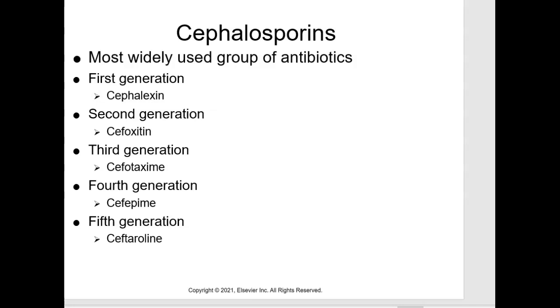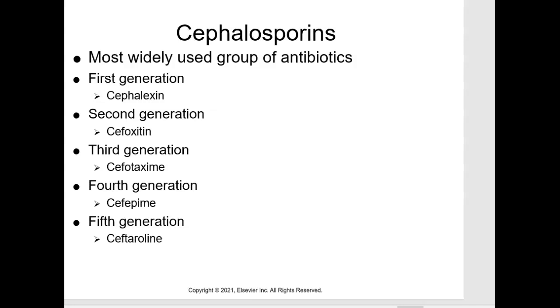So the prototype for the cephalosporin is cephalexin. For carbapenem is imipenem, and then we have vancomycin. I like that the book talks about, in terms of the cephalosporins, aside from cost, there's frequently no rational basis for choosing one over the other in outpatient settings, but specific infections in a specific host oftentimes will point you to one generation or the other.